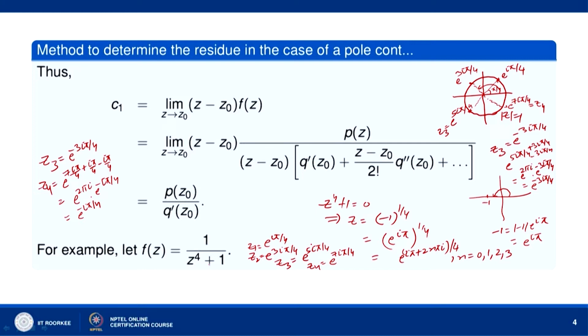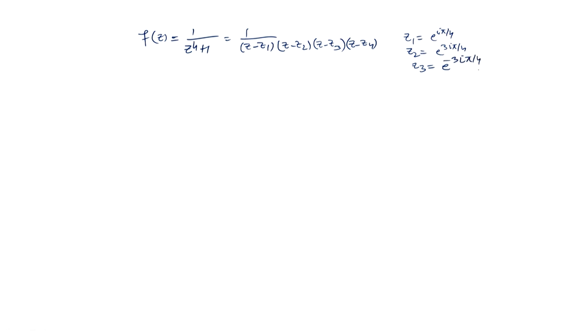Now, there are 4 factors of z^4 + 1. f(z) we can write as 1 over (z - z1)(z - z2)(z - z3)(z - z4), where, let us recall, z1 is e^(iπ/4), z2 is e^(3iπ/4), z3 is e^(-3iπ/4), and z4 is e^(-iπ/4).